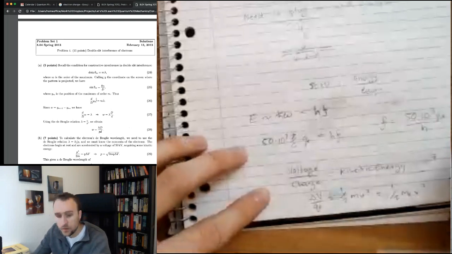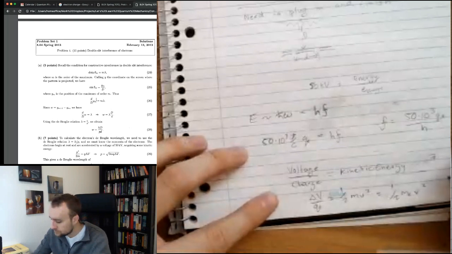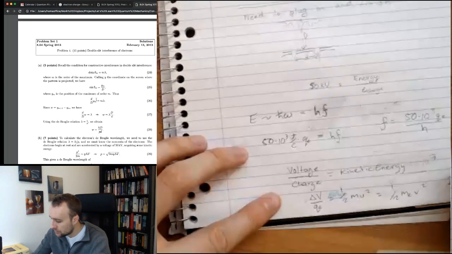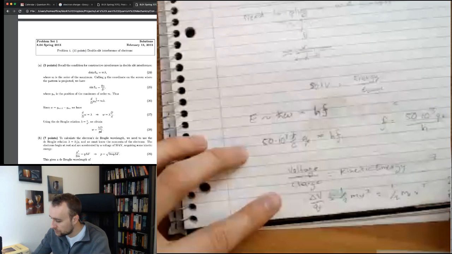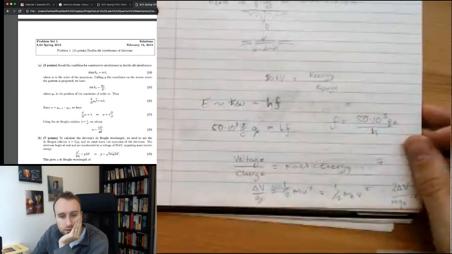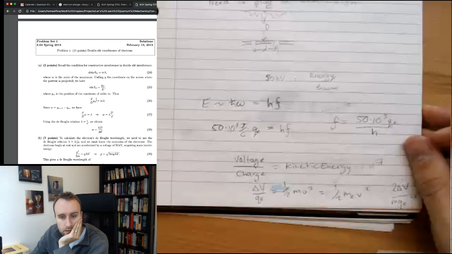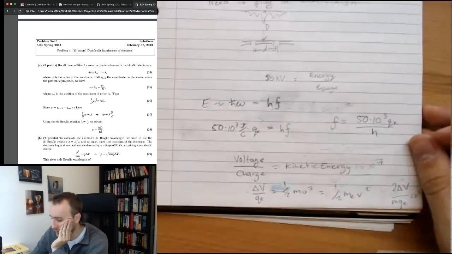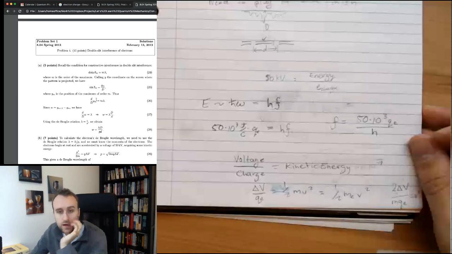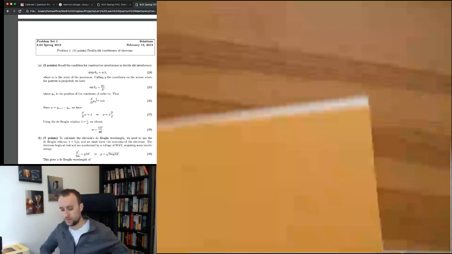So this was 2 delta V m Q e is equal to v squared. I have that. And what do we have? We have momentum. So momentum is equal to v m, right? I'm not making some really elementary mistake, am I?